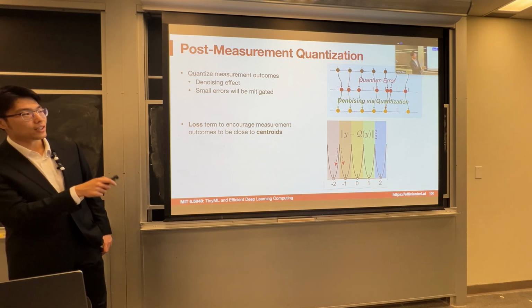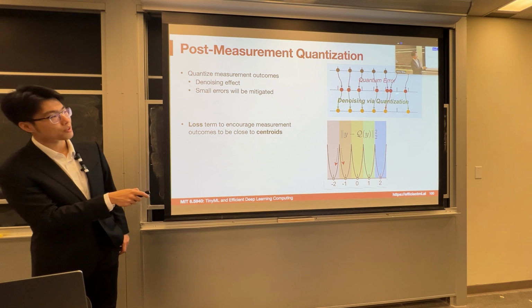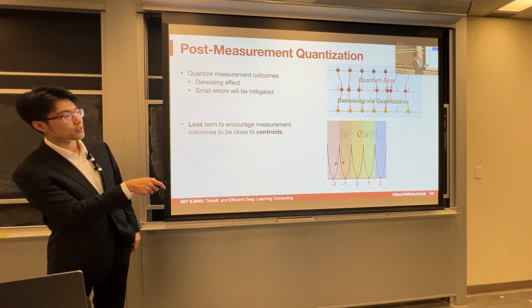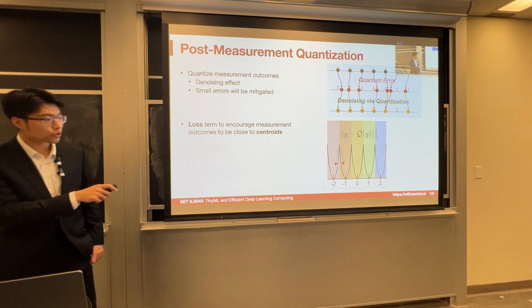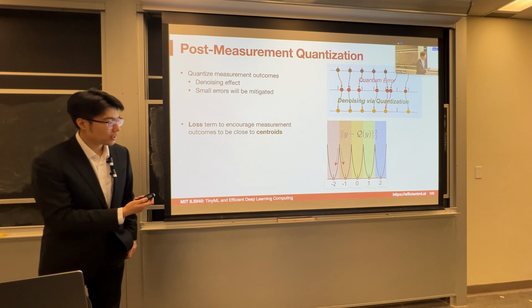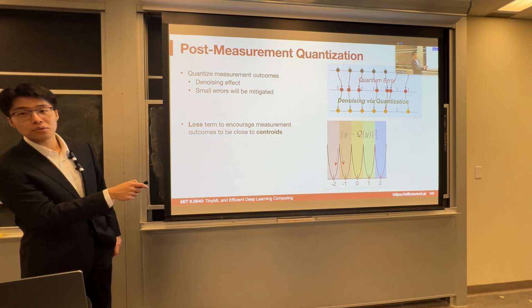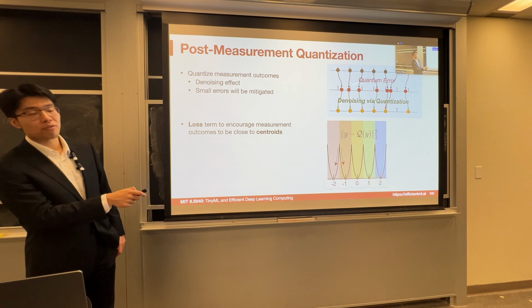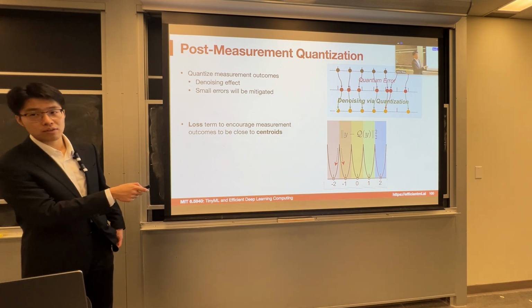So that can be viewed as a denoising effect. But sometimes if the error is too large, we may push the value into another wrong bucket, right? So during training, we always want to make sure the result measured from the actual device is very close to the centroids, because if it's very close, then a small error will not move it too far away from the correct centroid, and we can still project back to the correct one.